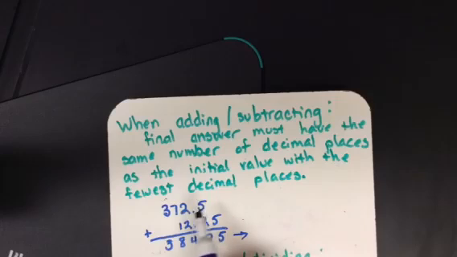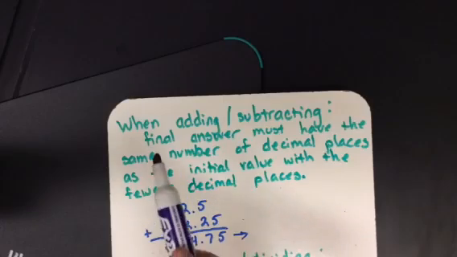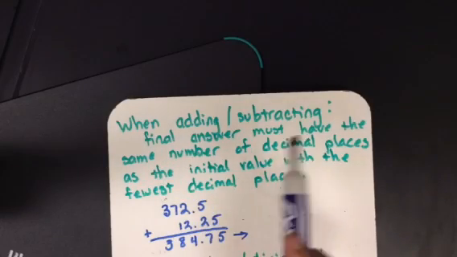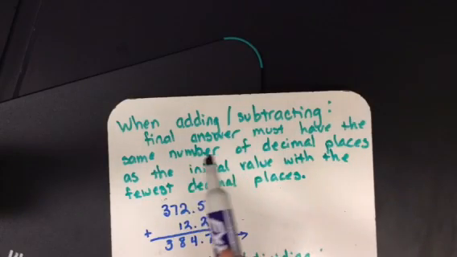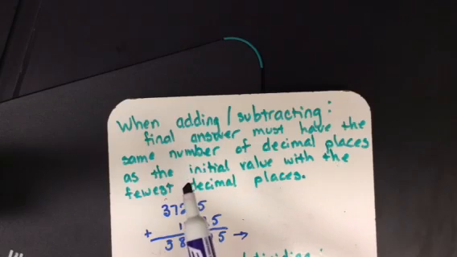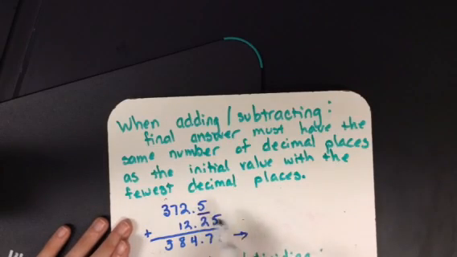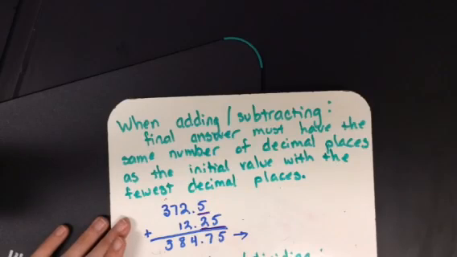All 4 digits here are significant, and all 4 digits here are significant. But when we are adding or subtracting, the final answer must have the same number of decimal places as the initial value with the fewest decimal places. So here we have 1 decimal place, and here we have 2 decimal places.